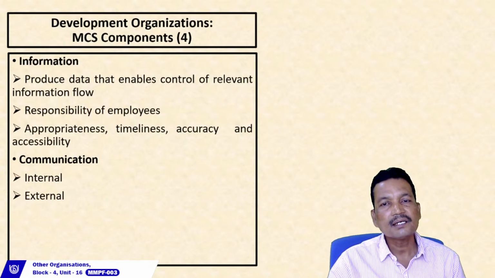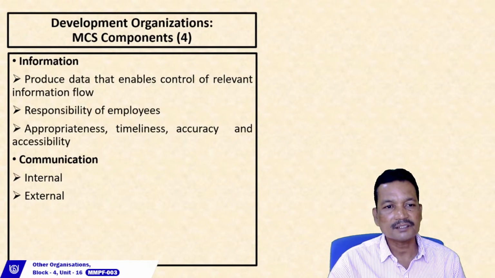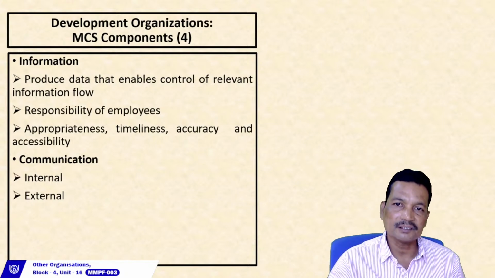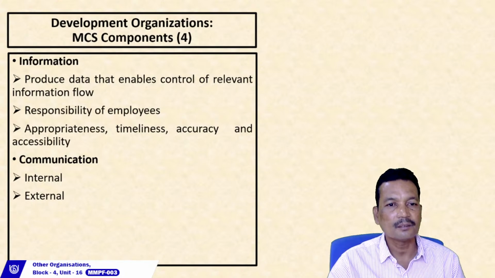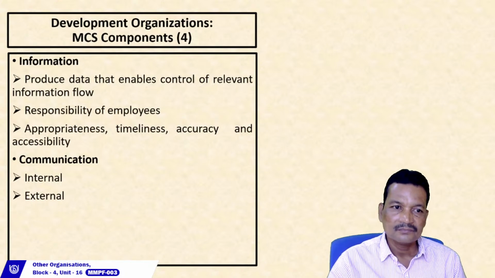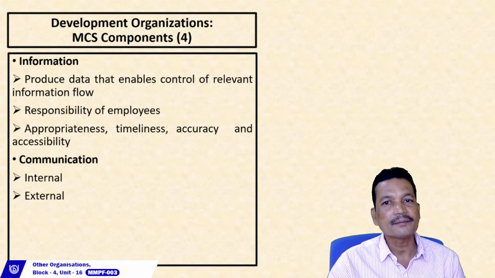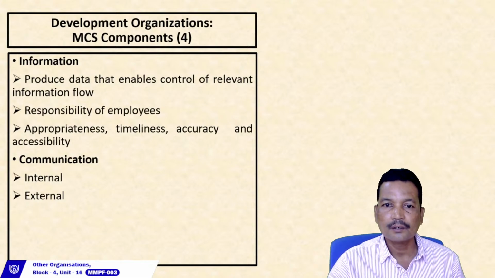Now, who shall provide the information? It is the employees. It is the responsibility of the employees. The information should be appropriate, on time, and accurate, and should be accessible.